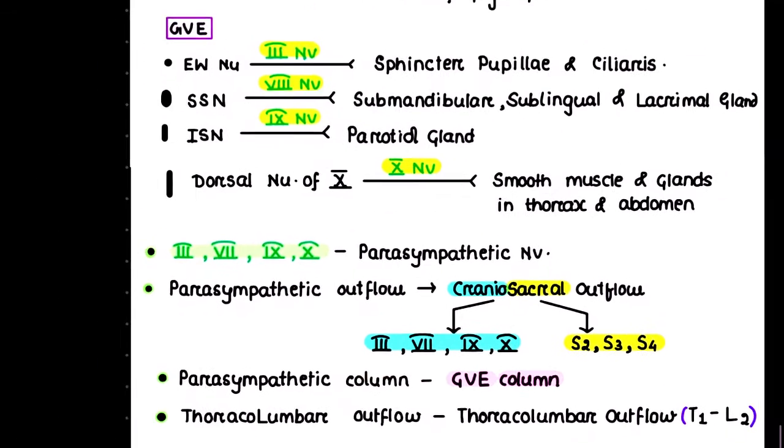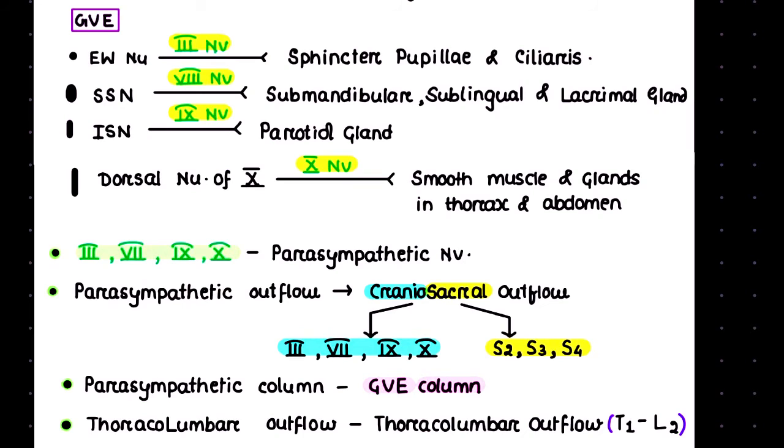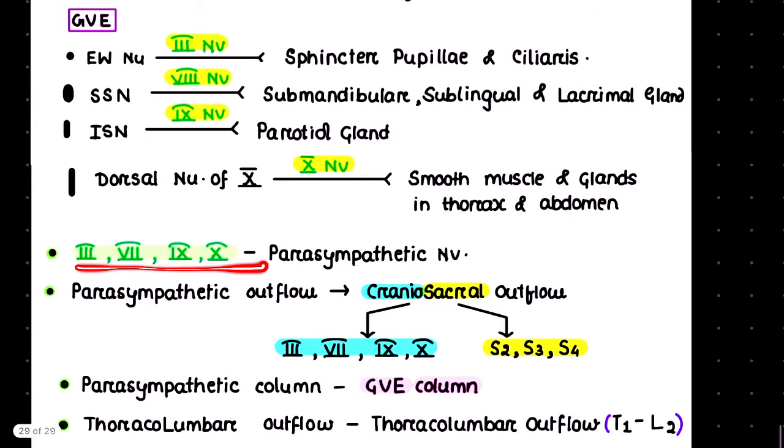So since these are similar, we can call these 3, 7, 9 and 10 parasympathetic nuclei also.